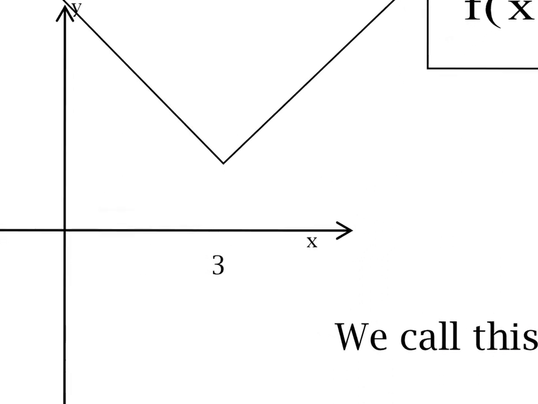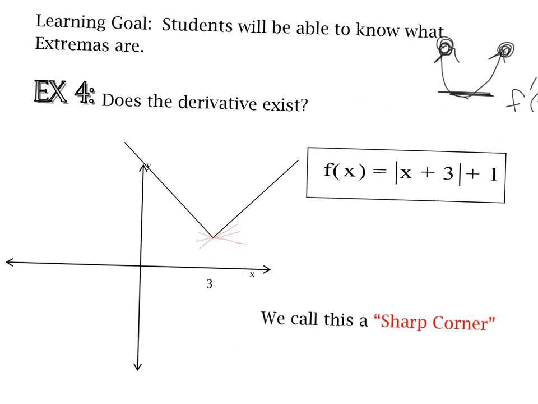It's a sharp corner, and so there is no tangent line because you could have a tangent line like that, like that, like that. There's actually infinite tangent lines that can go there. And so the derivative does not exist. And so we're going to say that f prime of x does not exist.